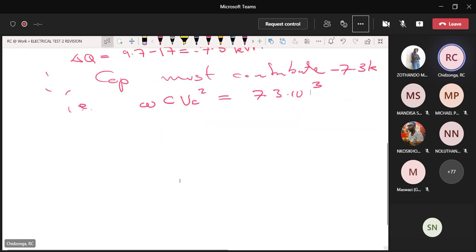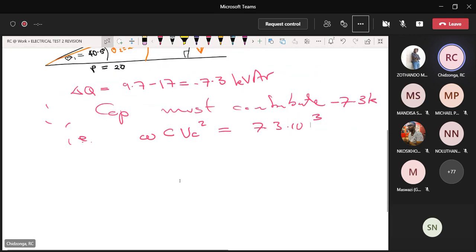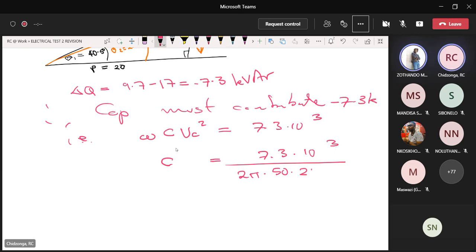It's given, because the capacitor is connected in parallel. And we also know omega. Therefore, we can write C equals 7.3 times 10 to the 3 over 2 pi times 50, then times 240 squared. You calculate that answer, you can express it in microfarad or whatever the units.